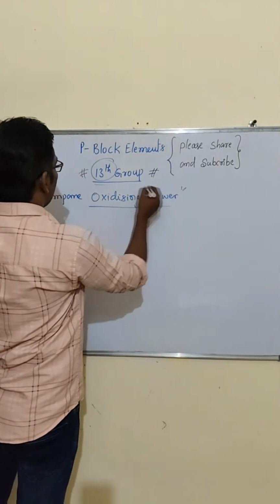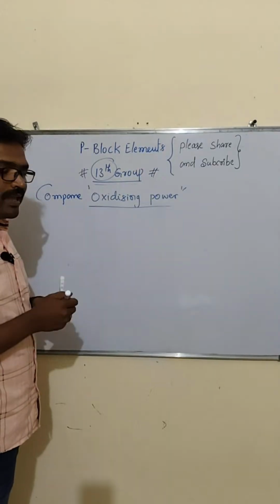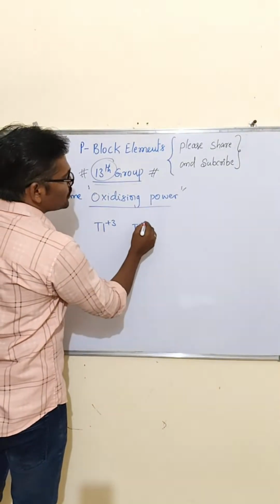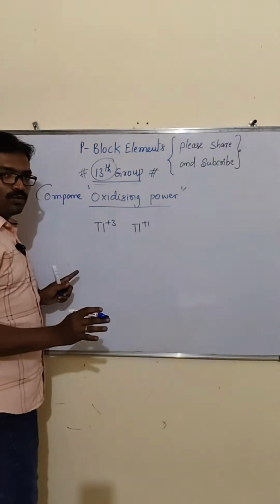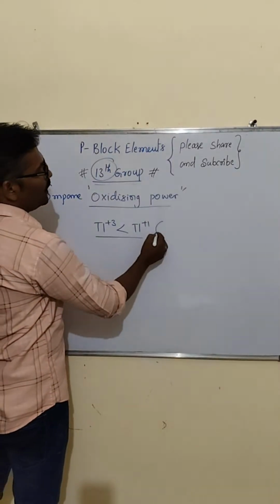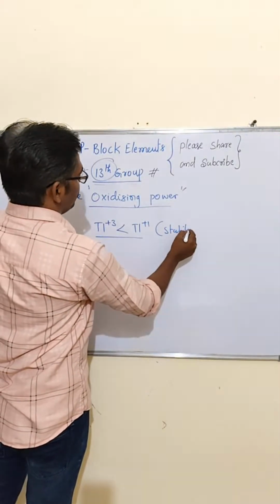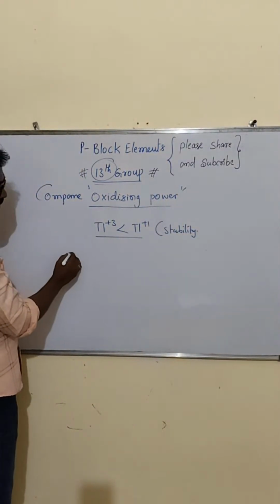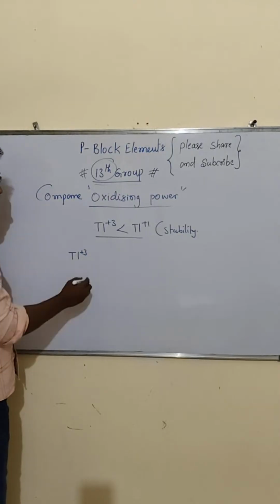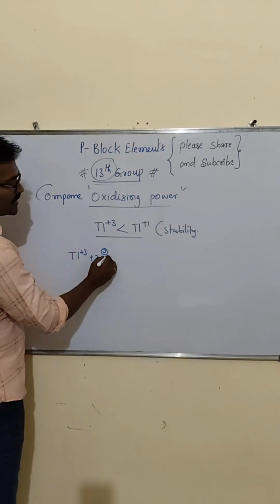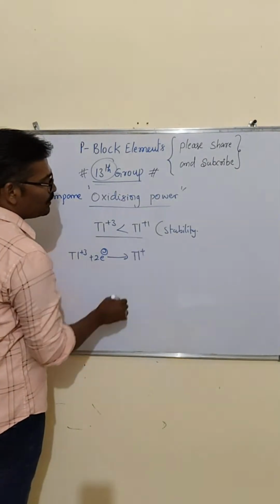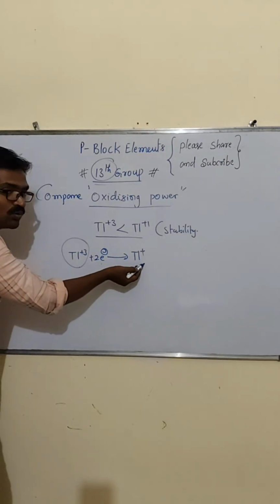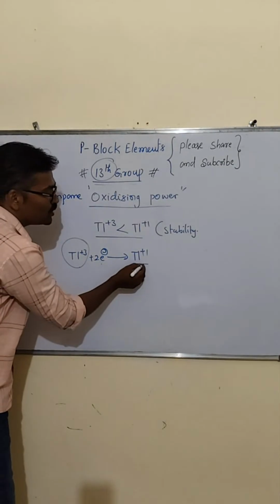Before going to the oxidizing power, look at thallium: thallium +3 and thallium +1. Which is more stable? No doubt thallium +1 is more stable. This is the stability order. For stability, Tl+3 gains 2 electrons and converts to Tl+1 because it is more stable.